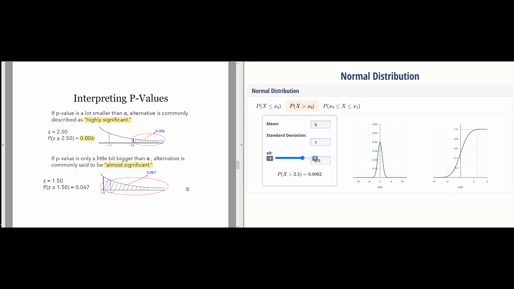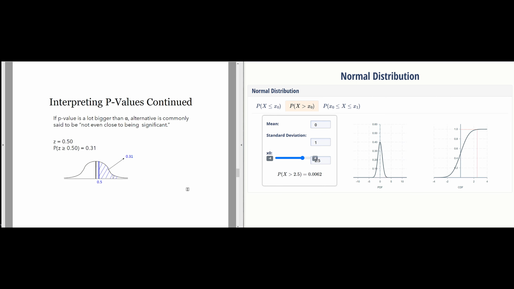It's not significant at an alpha of 0.05, but it's almost significant. So we're placing value judgments on these numbers now. Here, if we got a p-value of something like 0.31, which is way worse than 0.05, we might say that this is not even close to being significant.